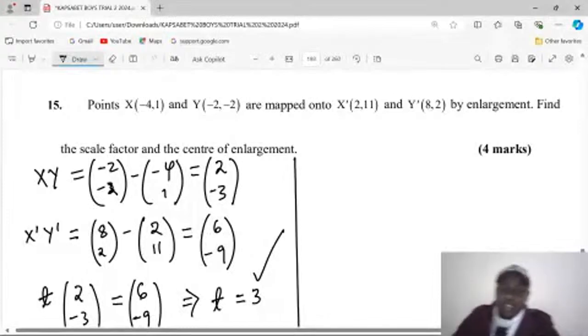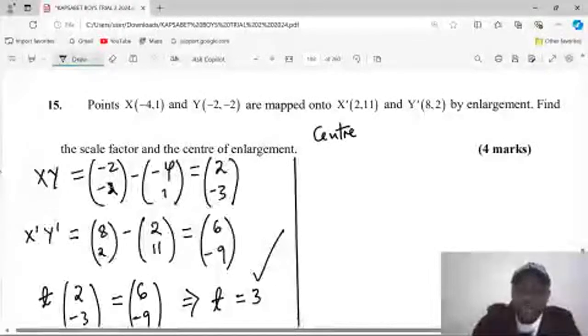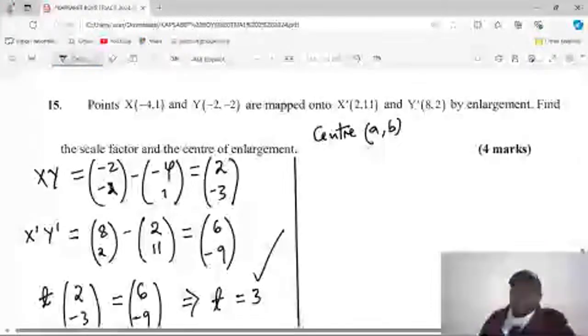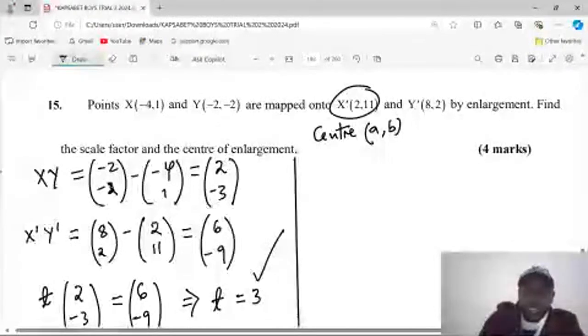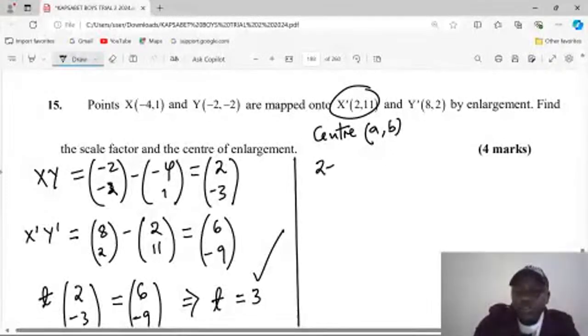Assuming that the center is (a, b), let the center be unknown. Then the distance from the center to where the image of X is going to be 2 minus a and 11 minus b.